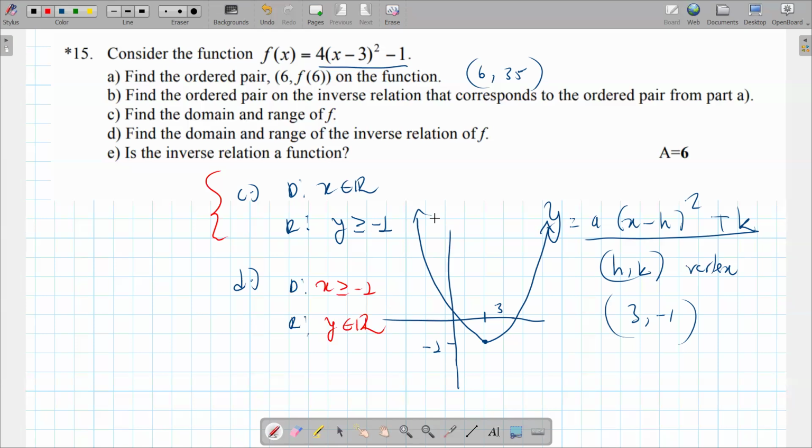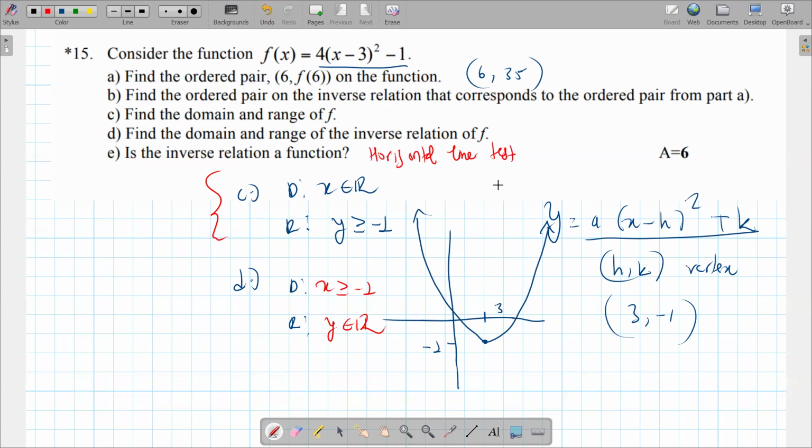Is the inverse relation a function? All right, so you probably forgot about this. To see whether or not the inverse is a function, what you do is on the parent function, on f of x, the original function, you do a horizontal line test. We've done vertical line test. That tells you whether f is a function. But to see whether f inverse is a function, we do horizontal line test.